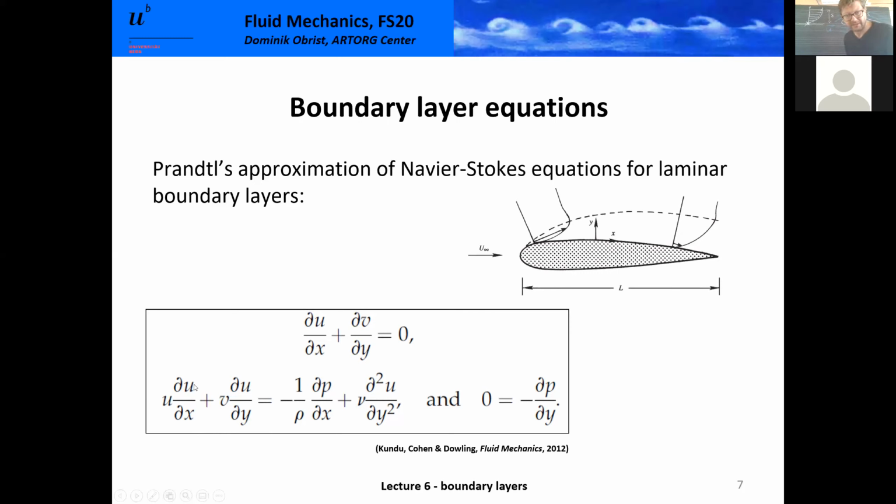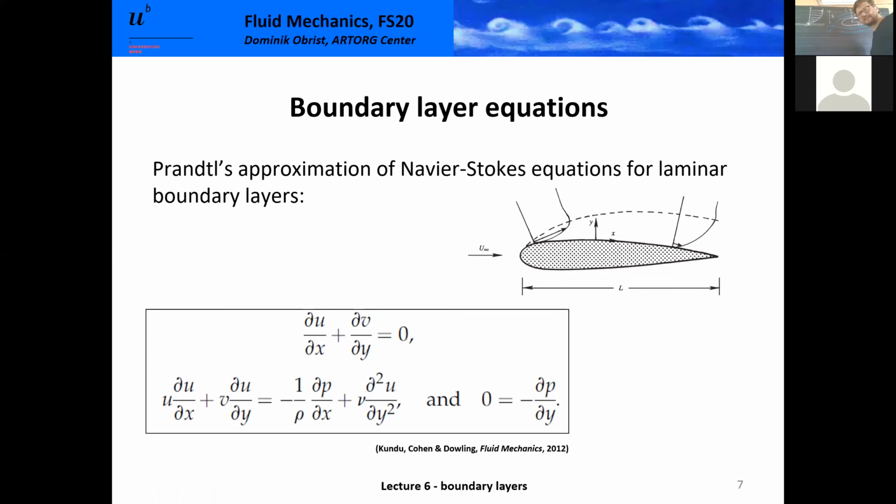So he left the nonlinear terms. He left the pressure gradient. And in the viscous term, he left the second derivative in y direction. But the second derivative in x direction, he kicked out.